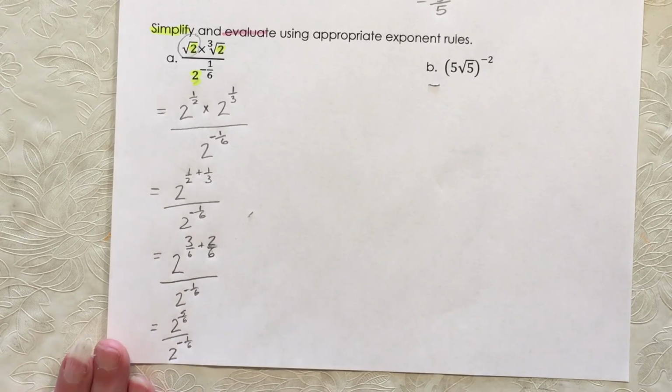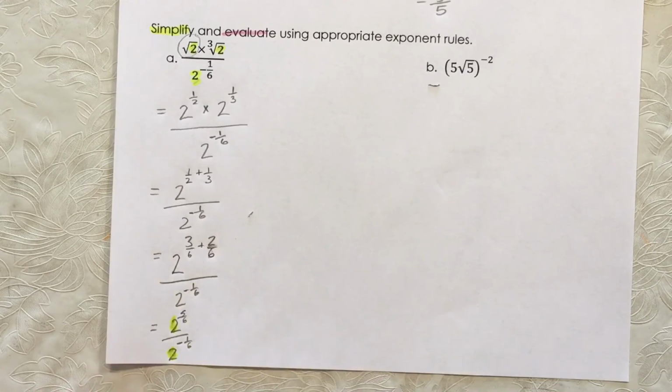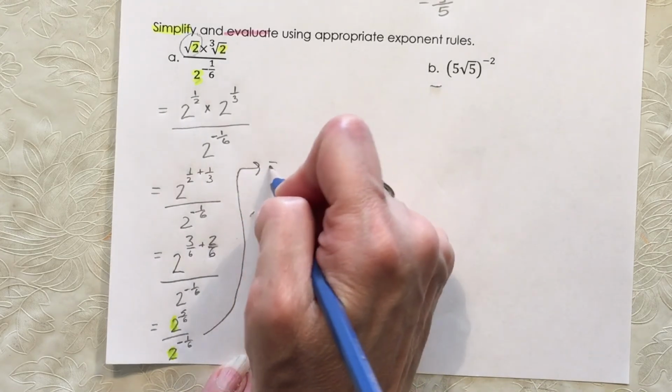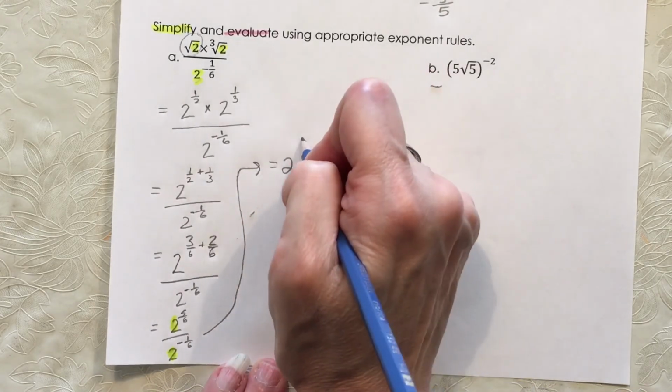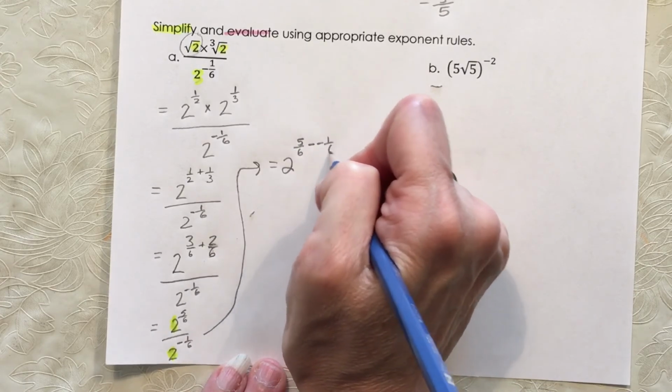negative 1/6. So now we want to recognize it as a question where we're dividing powers with the same base. So that rule says we keep the base the same and subtract the exponents.